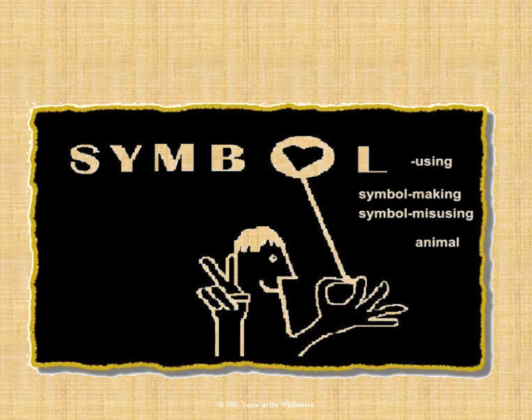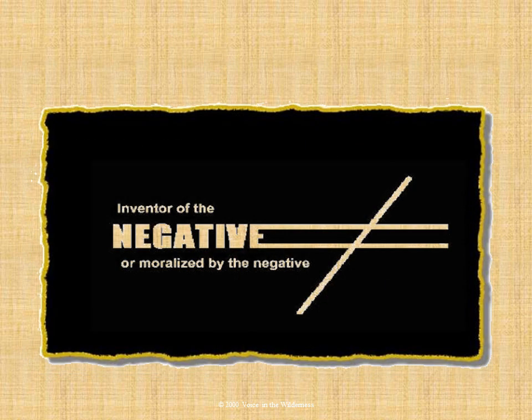But then he continues in his definition with things he thinks are important. Inventor of the negative, or moralized by the negative. In his written definition, it didn't have or moralized by the negative, but here in this plaque it does. And so Burke also thinks humans are the moral animal, and that somehow the negative in our language is what causes us to be moral.